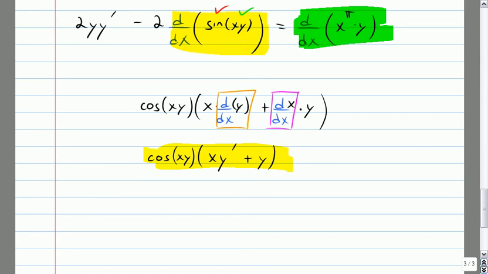So you'll have your 2y y prime minus 2 times cosine of xy, xy prime plus y equals.